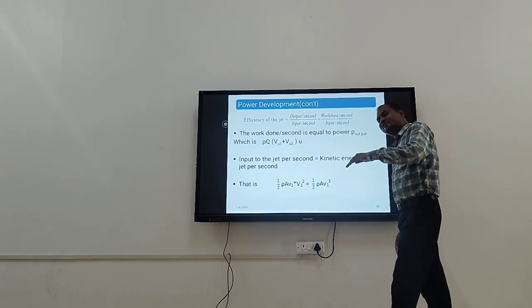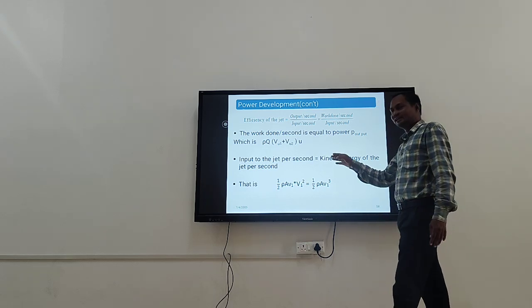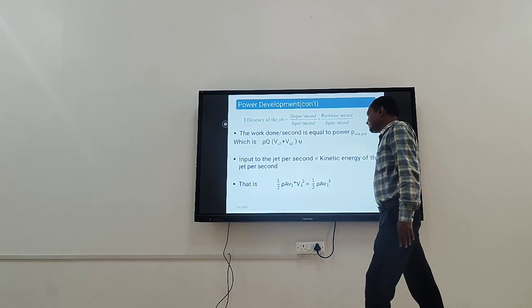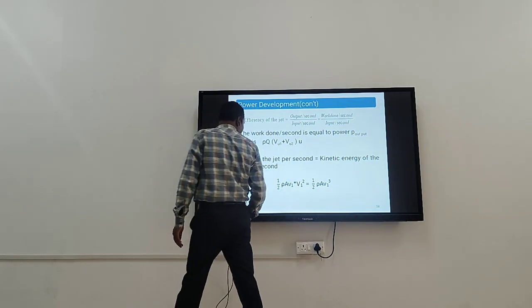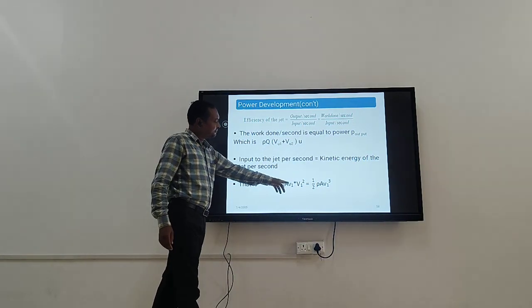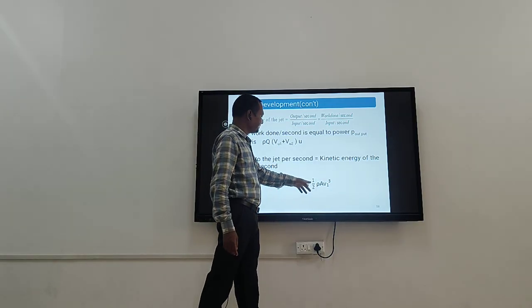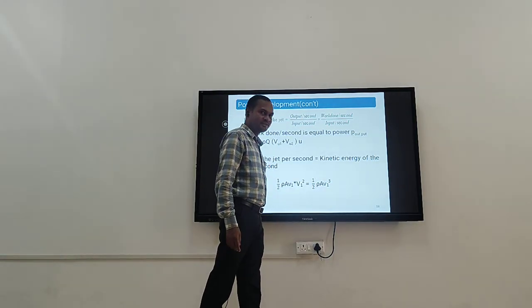The pressure is converted into kinetic energy at the nozzle. So what is the kinetic energy available? Half rho A V1 into V1 square. That is your half rho A V1 cubed.